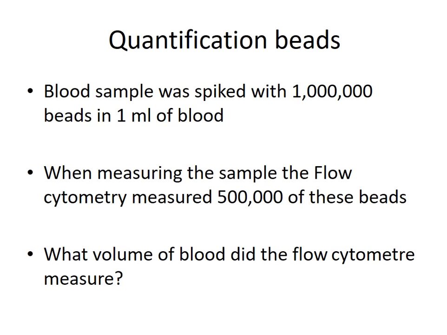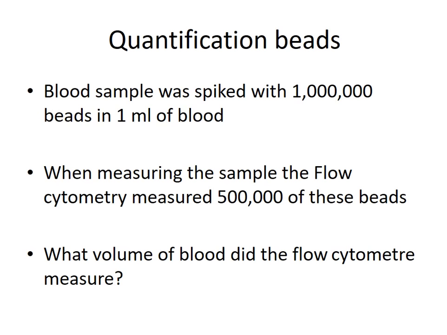So you get the concept that if you know how many beads are in the blood, then the amount of beads detected by the flow cytometer should enable you to tell how much of that blood was used for the analysis. Okay? So when you go to do your calculations, this is the main bit you'll need to get a hold of, the volume used.